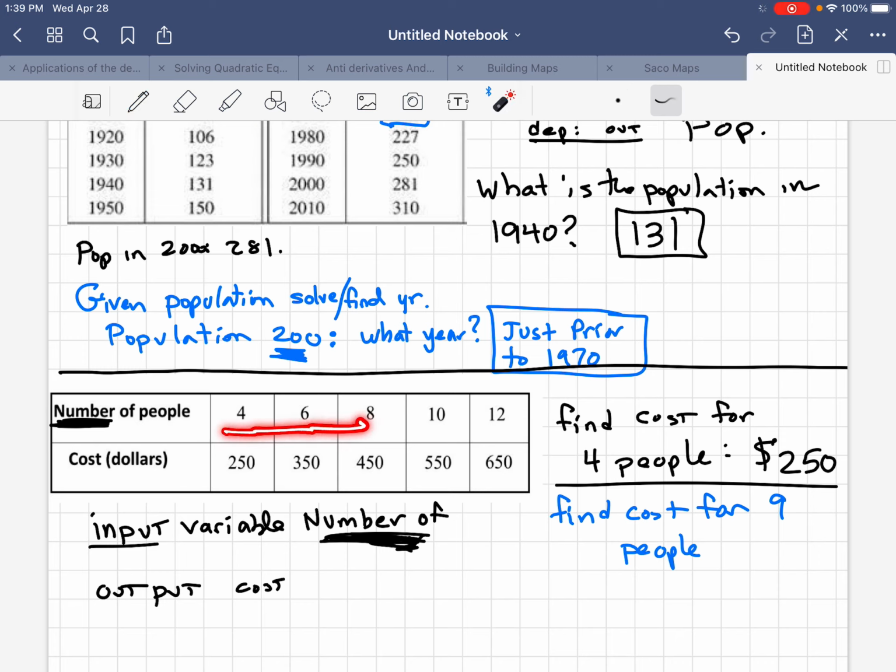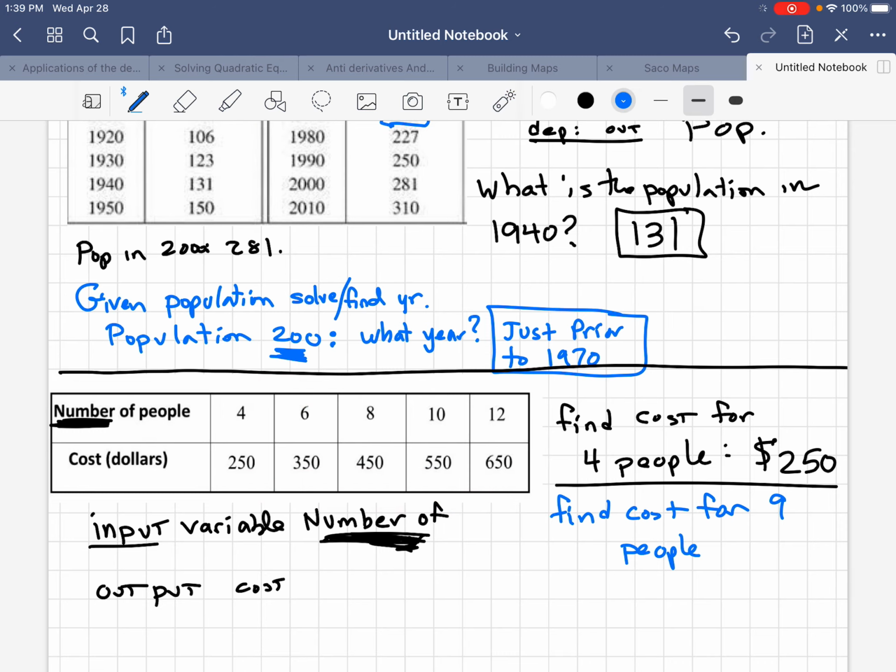4, 6, 8, 10. 9 people is somewhere in between. Now, we don't know for sure, but if we had to guess what's going to happen between 8 people and 10 people, it looks like for every 2 people, it's going up $100 pretty consistently.